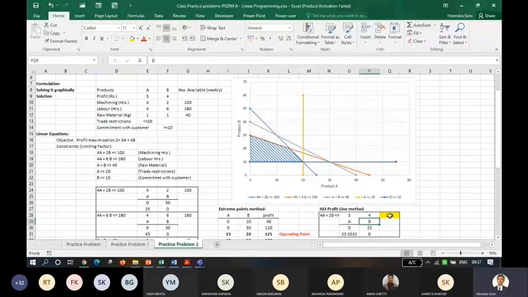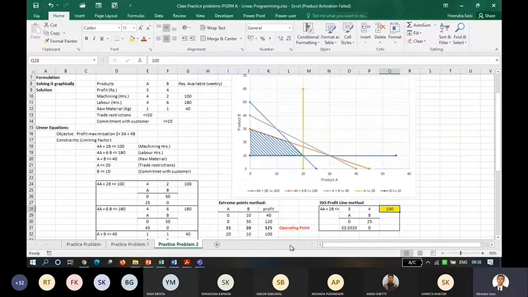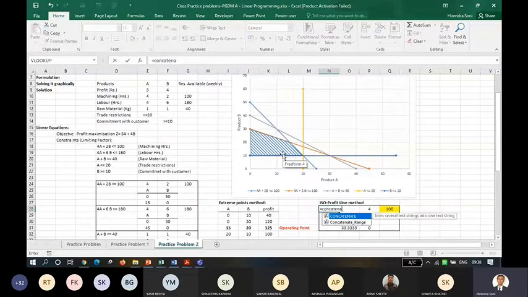So now what I'm going to do is, since I'm getting these values from the operating point, I can just work it out. So I will make the equation also here, and this equation would be equal to concatenate. I will tell you why I'm using this.